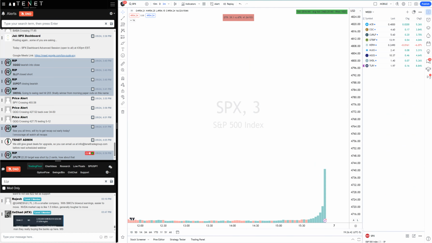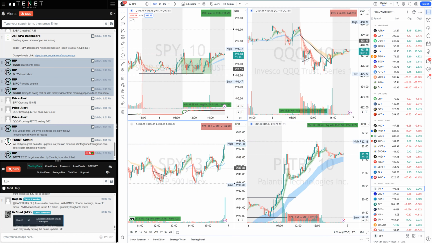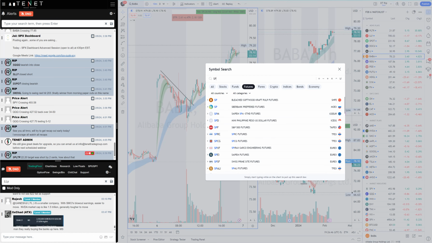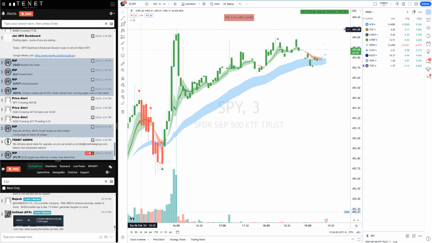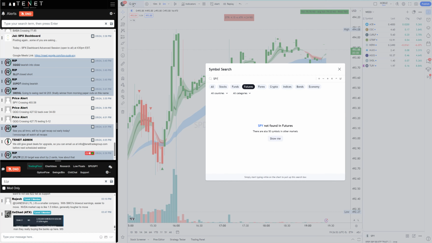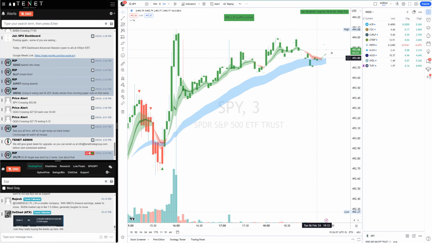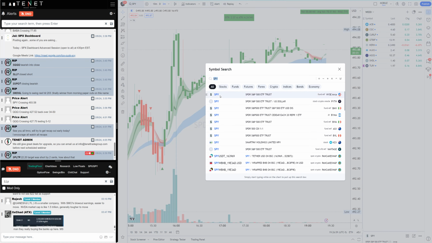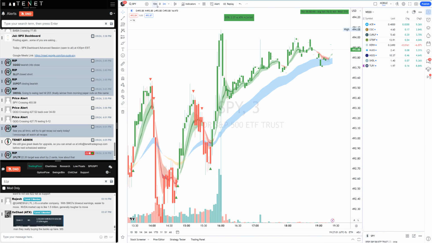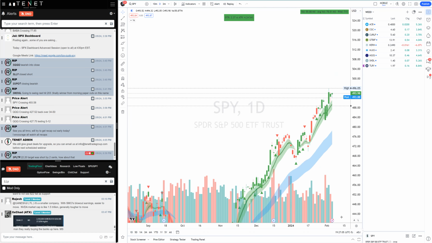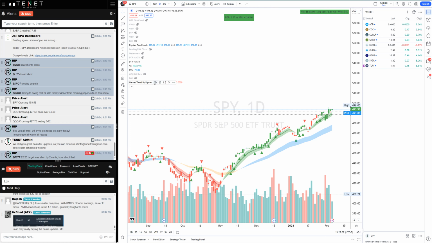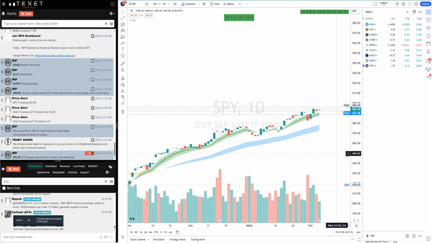Let's look at the daily chart on SPY. It's not doing much actually. It was an inside day today, so maybe tomorrow it shows us what it wants to do. You can see the daily chart here.